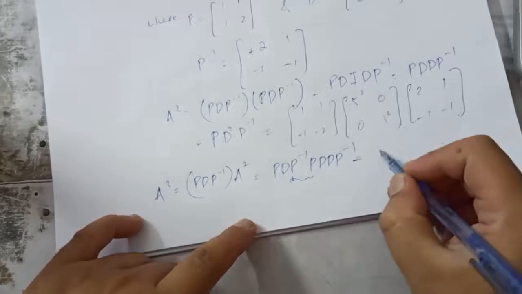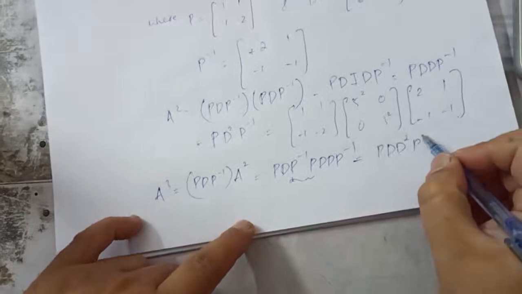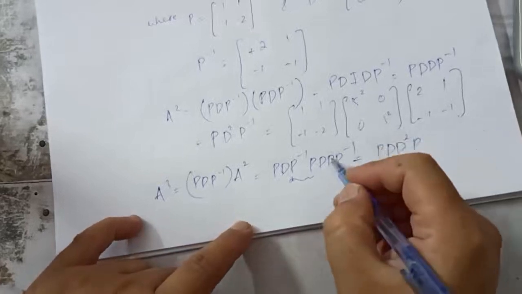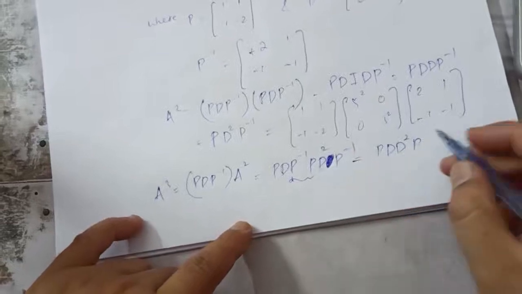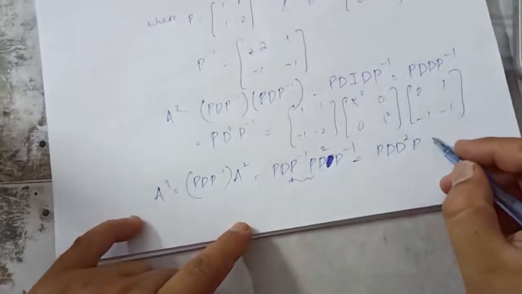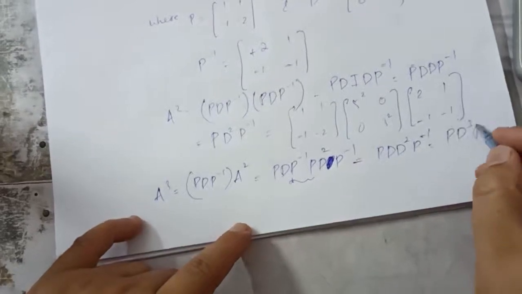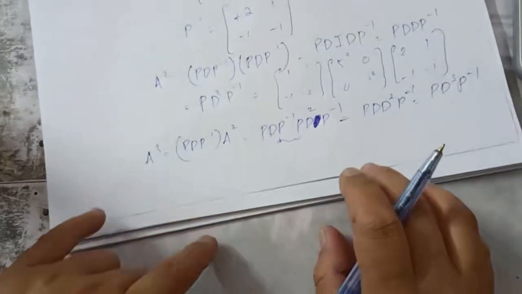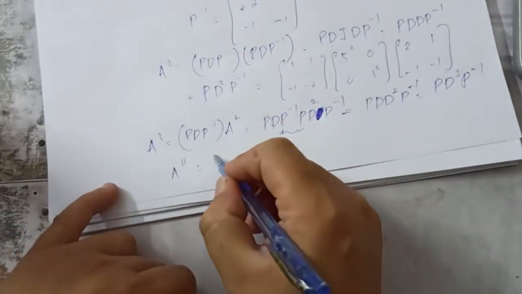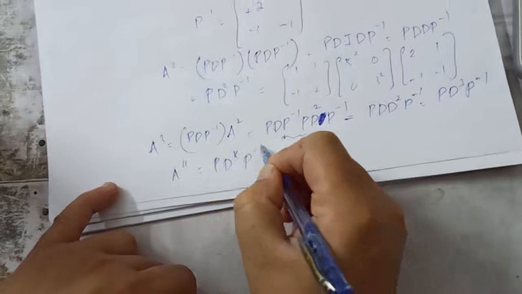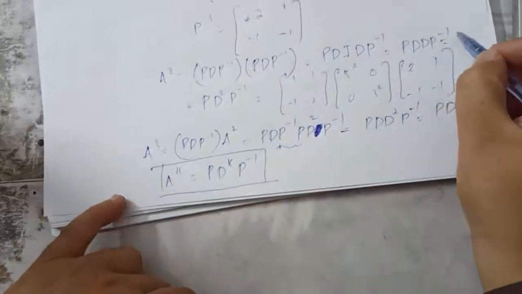We have here P D D square into P inverse, rather I should write it as D square, and again this is P D square P inverse, which is nothing but P D cube P inverse. So similarly we can generalize A to the power k as nothing but equal to P times D to the power k into P inverse.